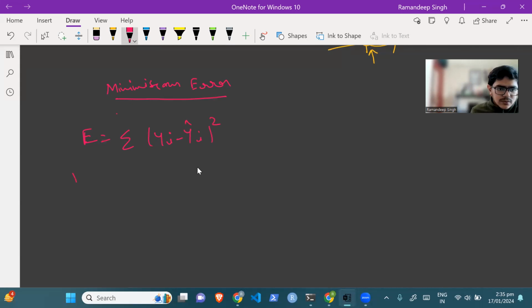So first I will differentiate. I will write my error function as summation yi minus mxi minus b whole square, because yi hat equals mxi plus b. So I want to minimize this function.